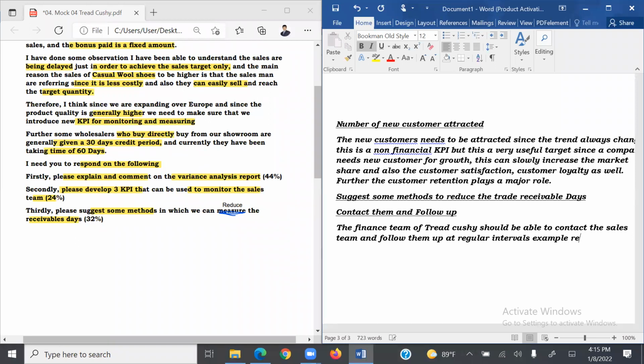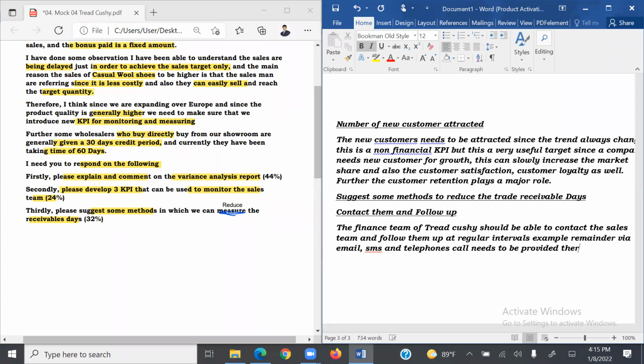Example, reminder via email, SMS, telephone calls needs to be provided.